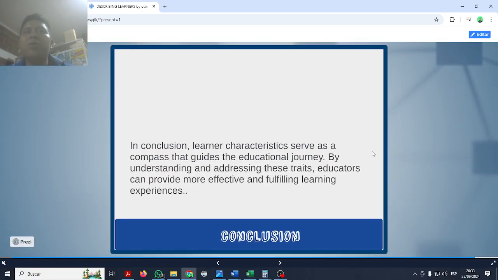So in conclusion, learner characteristics serve as a compass, like a guidance for the educational journey. By understanding and addressing these traits, educators can provide more effective and fulfilling learning experiences.